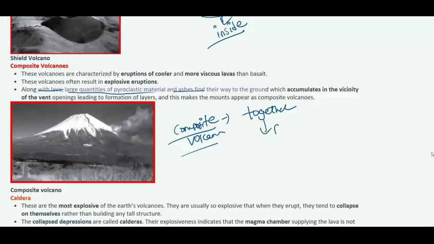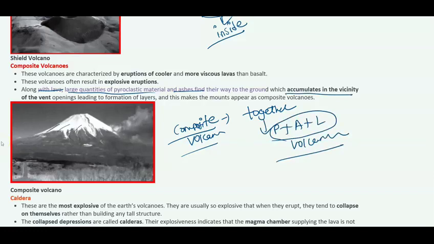Pyroclastic materials, ashes and lava all come together and accumulate in the vicinity of the volcano, the vent of the volcano, just like this. See, this is the material which spreads in the vicinity of the volcano. So this is called a composite volcano because it is a composition of pyroclastic material, ashes and lava.